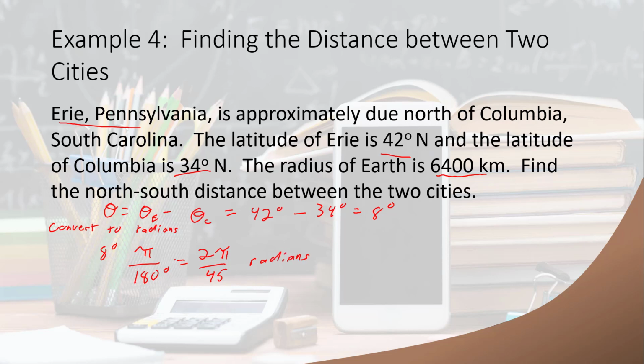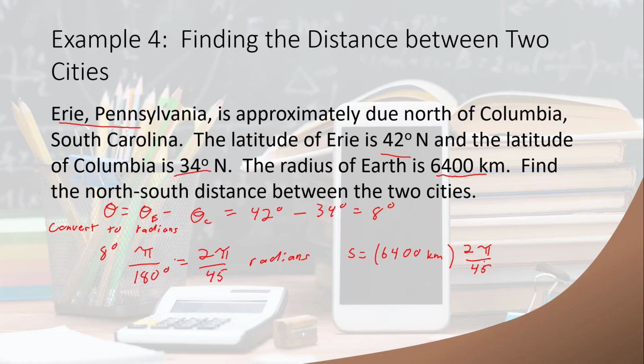And now we can find the distance. The distance is going to be equal to the radius of the Earth, which is 64,000 kilometers. I'm sorry, 6,400 kilometers. Earth ain't that big. Times 2 pi divided by 45.